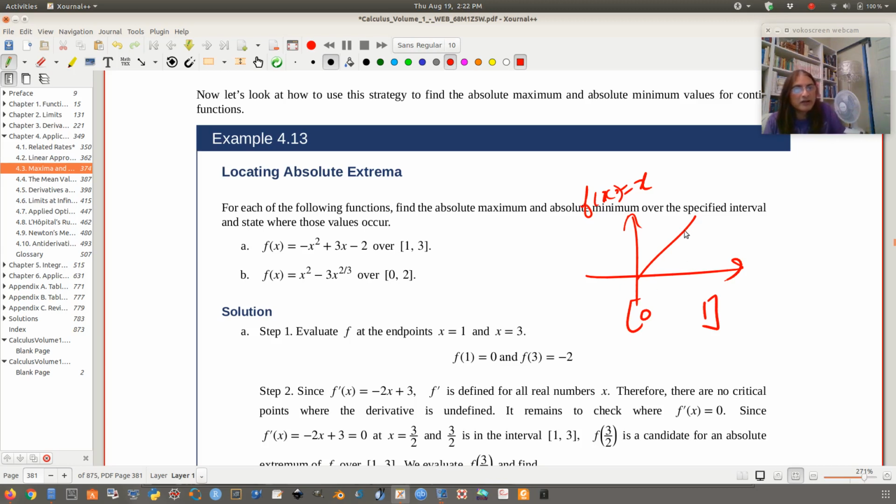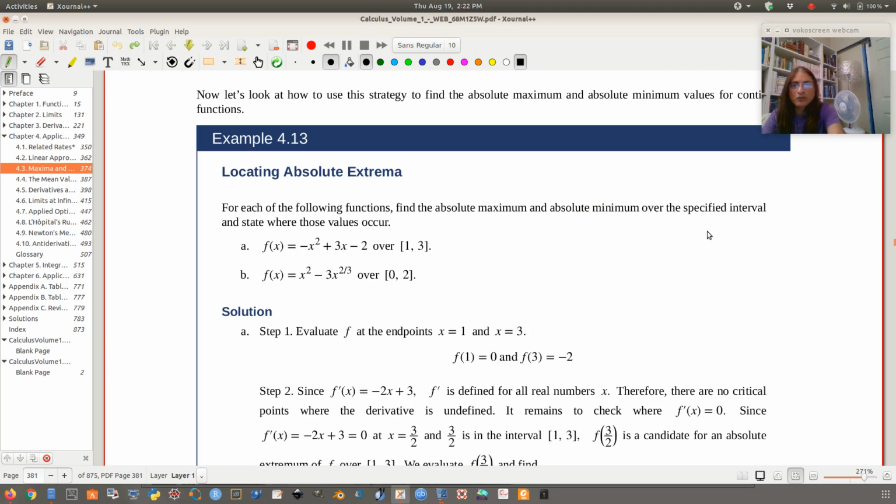So the derivative will not be equal to 0, but the absolute minimum is found at the left endpoint, and the maximum at the right endpoint. And that's what the theorem is saying. So if you have a differentiable function in a closed bounded interval, find all the local extrema points, and then also look at the end values, and then choose the maximum value for absolute maxima, and choose the minimum value for absolute minima.